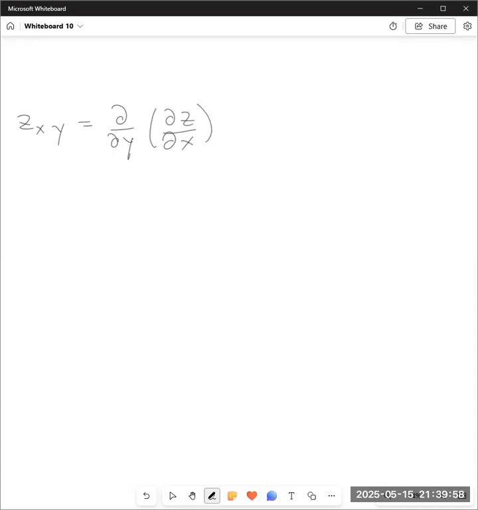So this would be d2z, and then the y would come before the x there, when I write that notation. So I have to read right to left here in this notation if I have a higher order derivative. So that's just some notation for you.